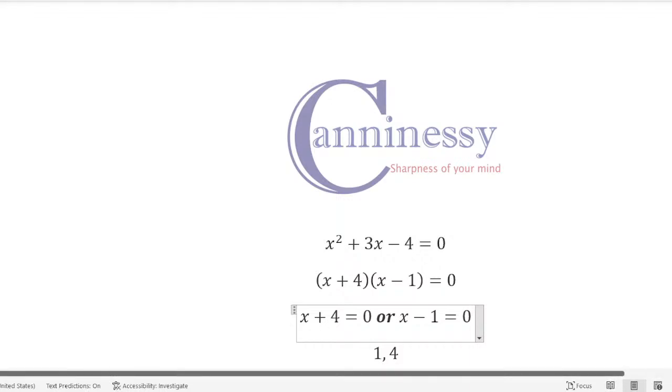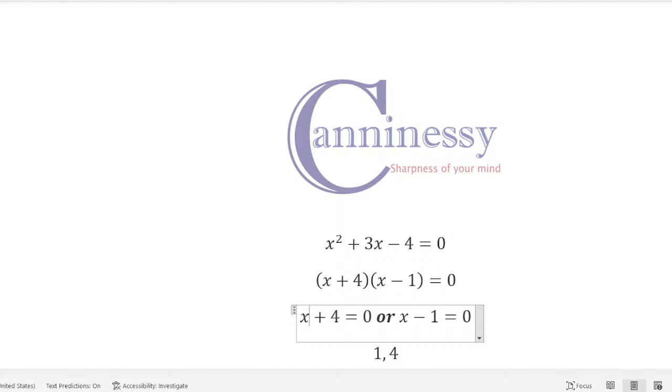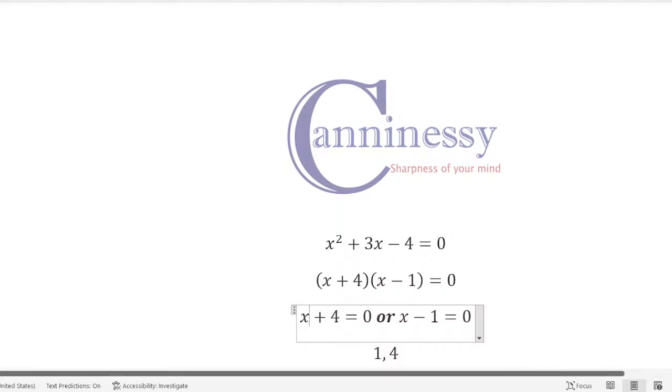We're going to leave x on the left hand side and take the positive 4 to the right hand side. So every time we transpose, every time we take a term from one side of the equation to the other side, the sign changes. If that term was positive, it becomes negative. If that term was negative, it becomes positive when we take it to the other side of the equal sign.